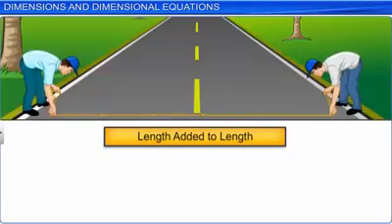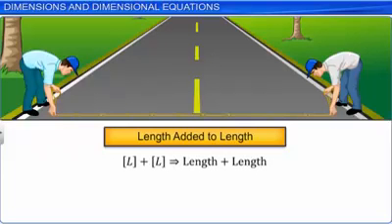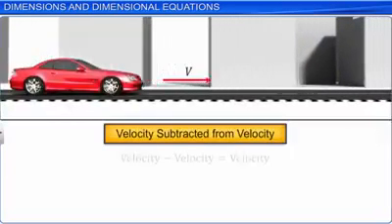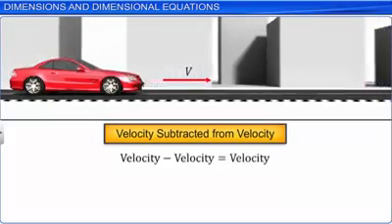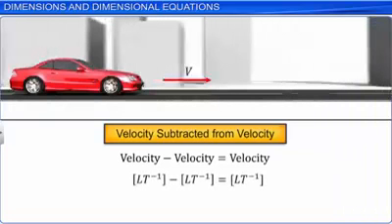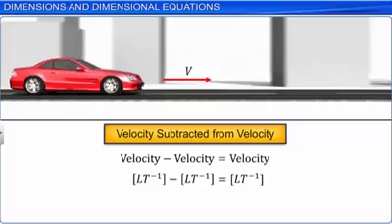It is very important to know that when we write L + L, as shown, we mean length added to length. So, we get length. Again, it is not 2 times L as we are not adding the magnitudes of the length. Similarly, if velocity is subtracted from velocity, we get velocity. Thus, LT^-1 - LT^-1 = LT^-1.